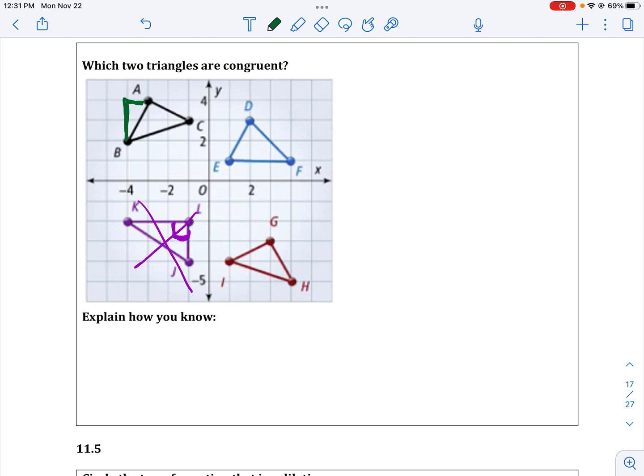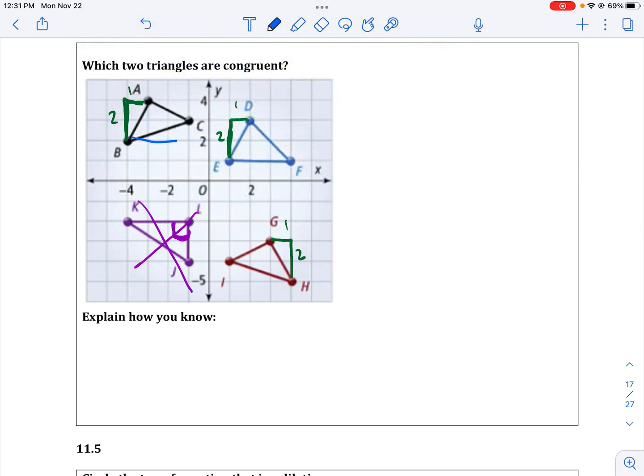Triangle A to B right there is a 2 by 1 triangle. Let's look at D to E. That's also a 2 by 1 triangle. Triangle G to H is a 2 by 1 triangle. So far, it looks like all three of these triangles are the same.